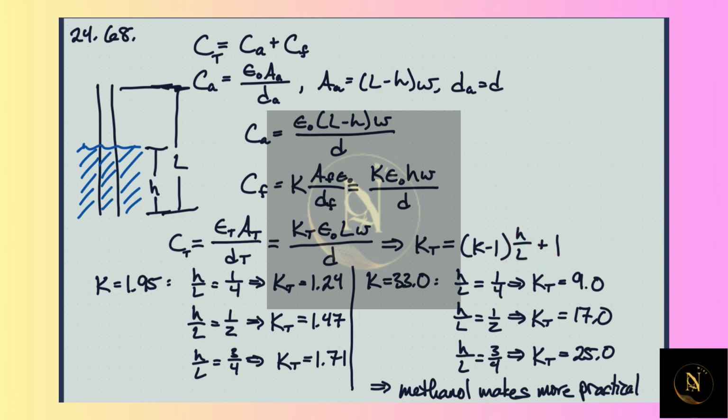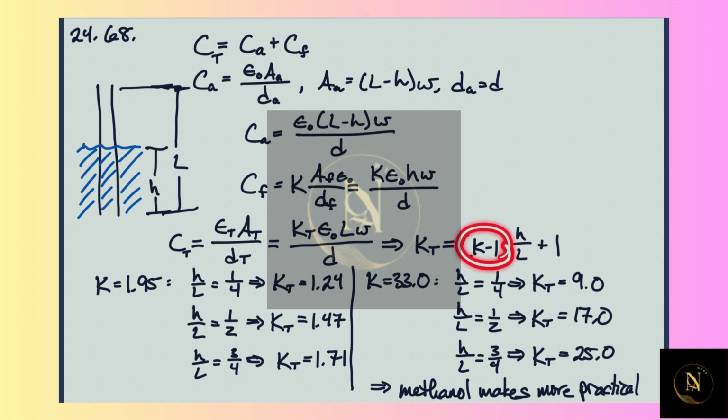Then they tell us that in one case we have gasoline and in one case methanol, and we want to look at how this effective dielectric constant changes as the level of fuel changes. Gasoline has a dielectric constant of 1.95, which is about twice that of air.